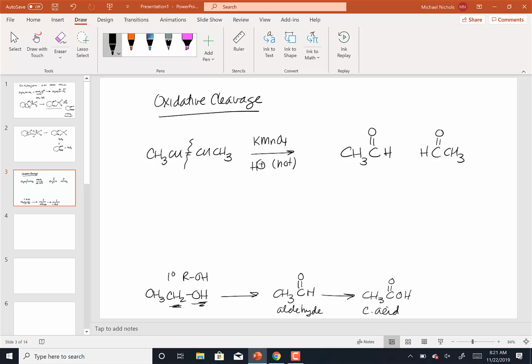Most oxidizing reagents oxidize a primary alcohol all the way up to a carboxylic acid. And that includes reagents like hydrogen peroxide or KMnO4. So potassium permanganate and hydrogen peroxide will oxidize a primary alcohol all the way to a carboxylic acid, which means that they will oxidize an aldehyde also to a carboxylic acid.